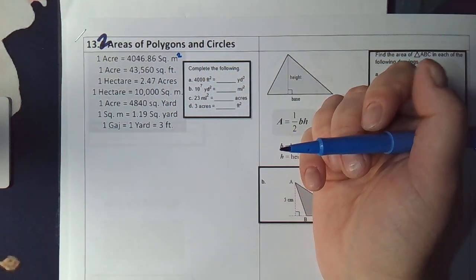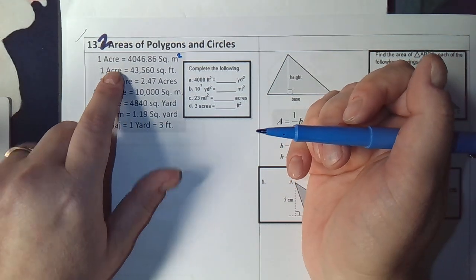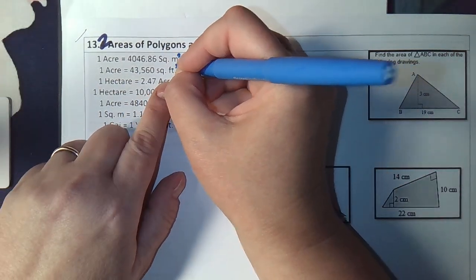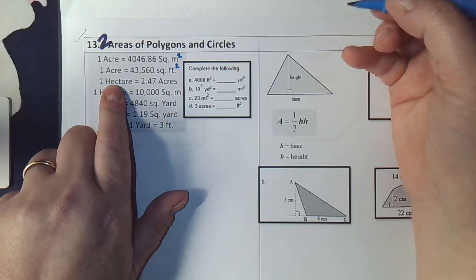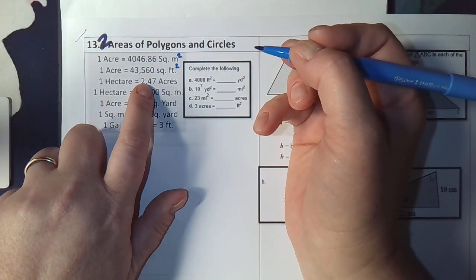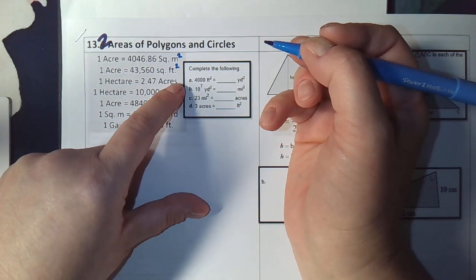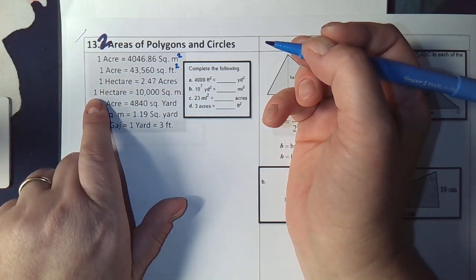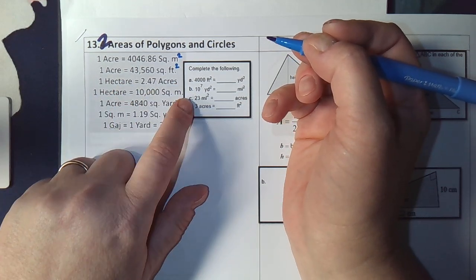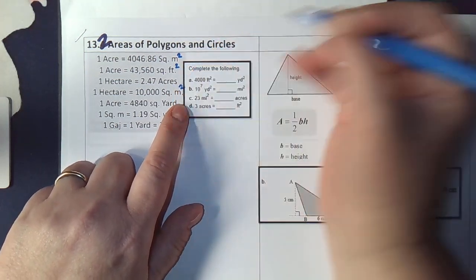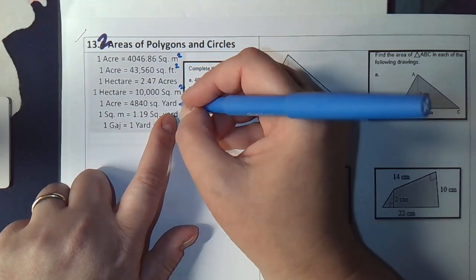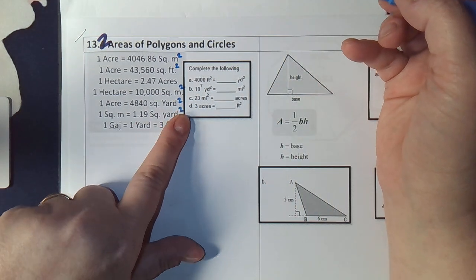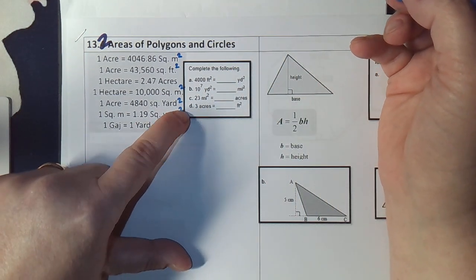It means square miles. 1 acre is blah, blah, blah, blah, square feet, as in feet with a tiny 2. 1 hectare is 2.47 acres. No tiny 2 in the air. Yeah, I bet you didn't even know there was such thing as a hectare. Then a hectare is 10,000 square meters. Anytime you see the word square, it means put a tiny 2 in the air.